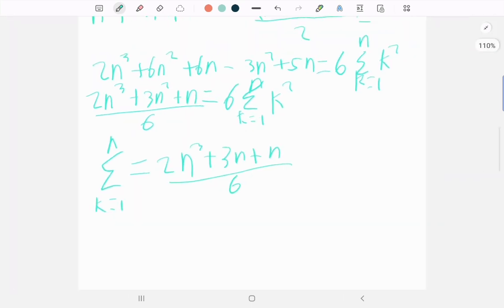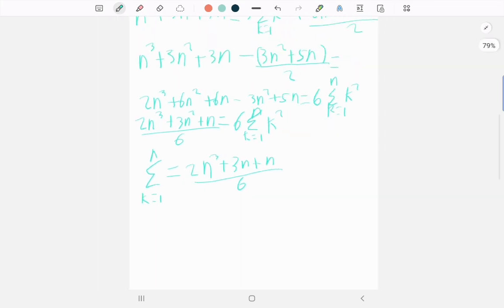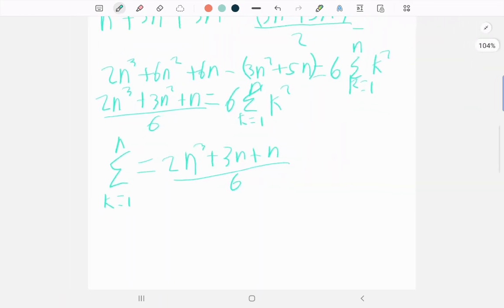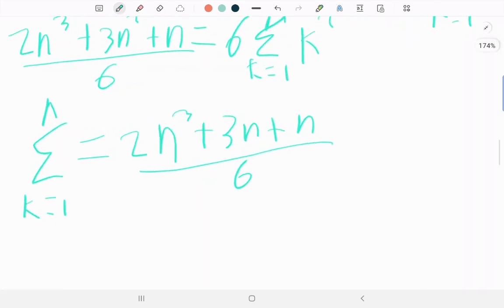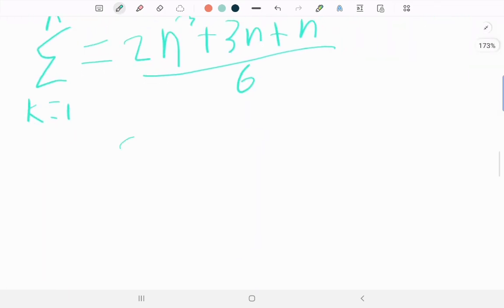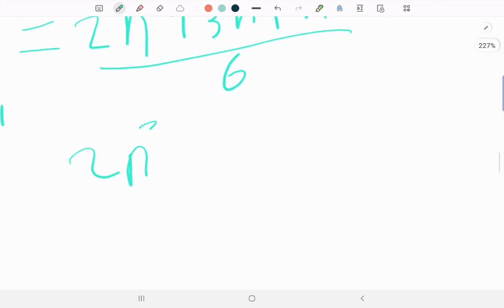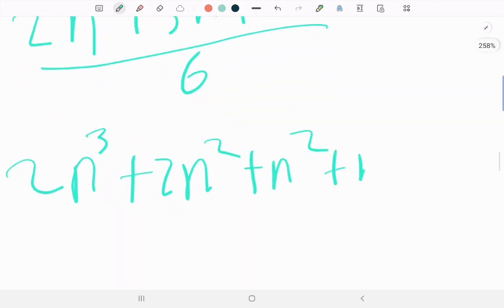But you may realize that this hasn't been simplified yet. So now let's simplify it by splitting the 3n squared up, into 2n cubed plus 2n squared plus n squared plus n.